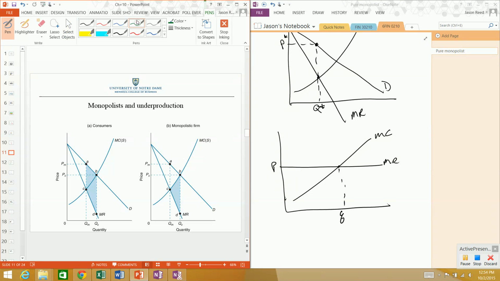So these are the benefits that we see to the consumer. But in order to achieve these benefits, they have to pay an additional amount equaling the area of QM, C, D, and QC. So they pay this amount.